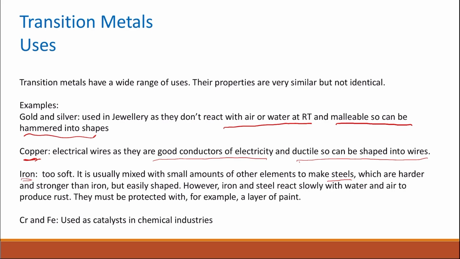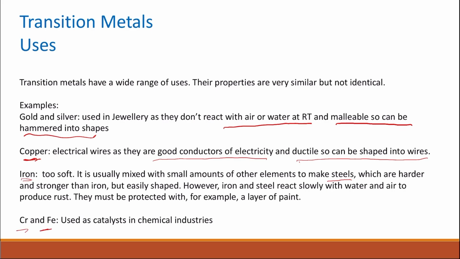Even though iron is not as reactive as group 1 elements, it still reacts with air and with water to form rust, but this takes a long time. This is why iron must be protected from air and from water, for example, by a layer of paint.